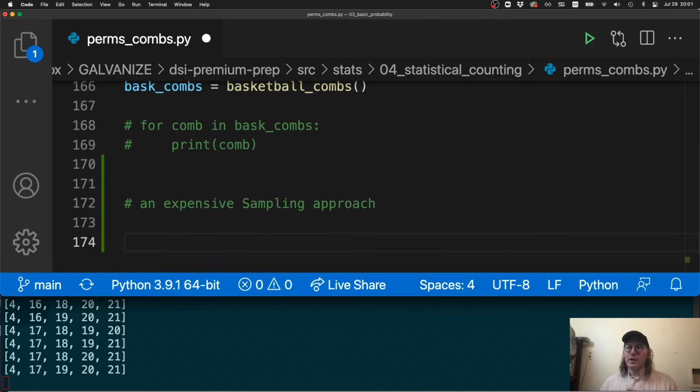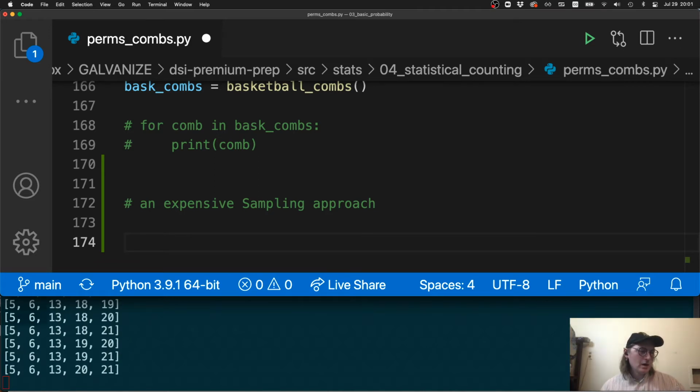So instead of counting, we can take a sampling approach, and I kind of alluded to this yesterday when we were looking at sampling for coin flips, right? If you recall, we counted and we also sampled.